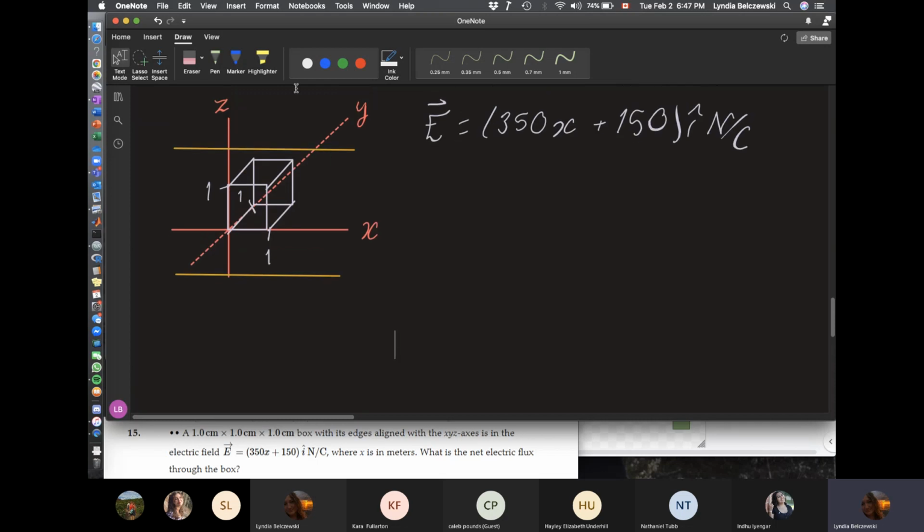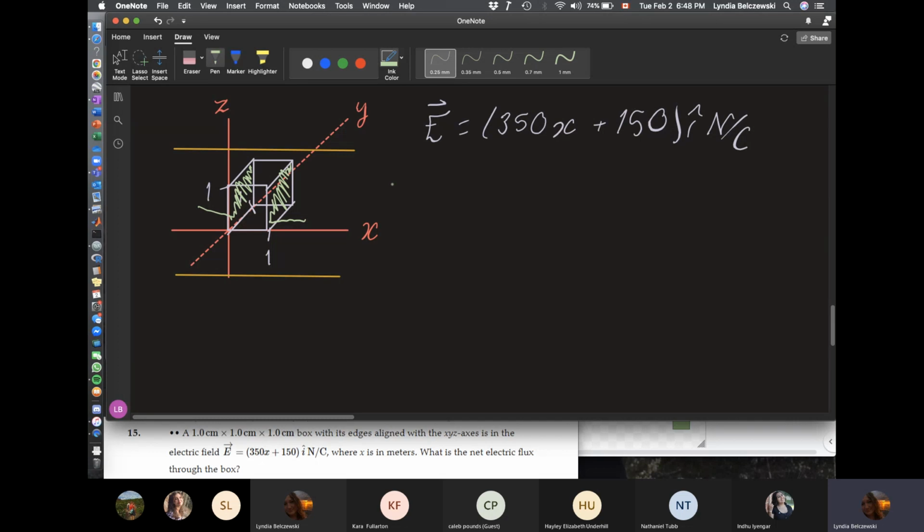So there's really only 2 sides of the cube. It might get messy if I try to draw them in, but it's like this square here and this square here. Those are the only 2 sides that the electric field lines are actually going to go through.